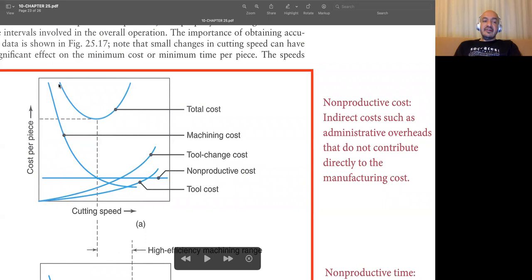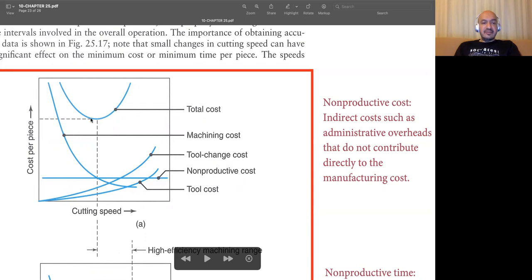But up to that point, the cost decreases since you are going to do the machining in a shorter time. Once you are spending less time, once you are spending less energy on machining, that means your overall cost will be decreased. But as I said, after this critical point, due to the use of many tools, due to the frequent change of tools, we have an increase in the cost per piece once you increase cutting speed.